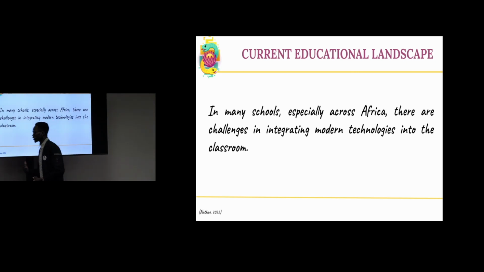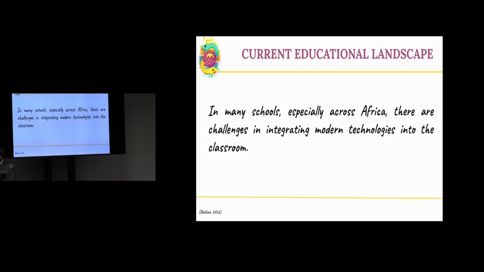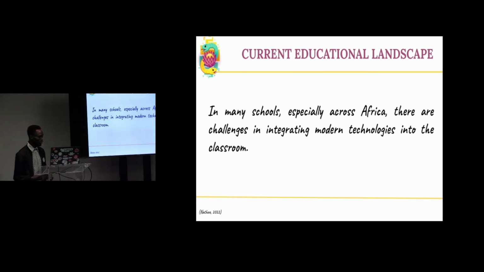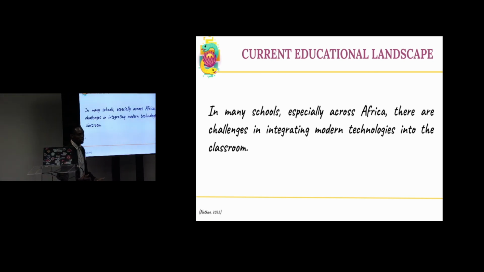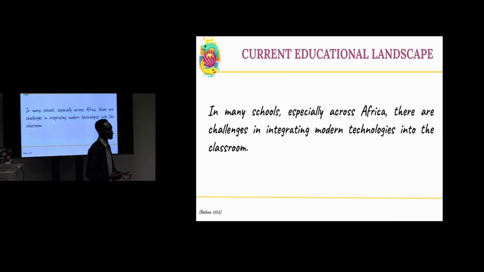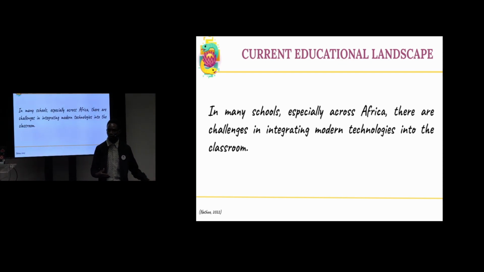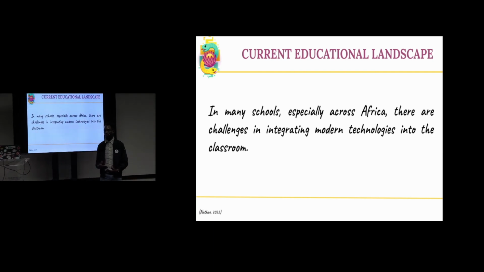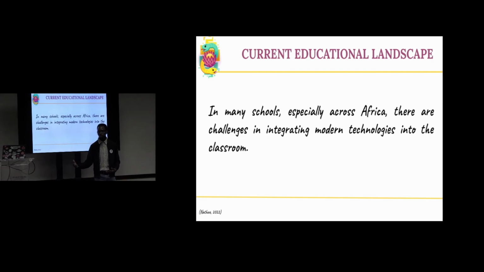But we cannot have quality education, we cannot have an effective education, without looking at many aspects of technology itself. If we limit the students to only having a specific type of technology in the classroom, then we are not providing a quality and inclusive education.